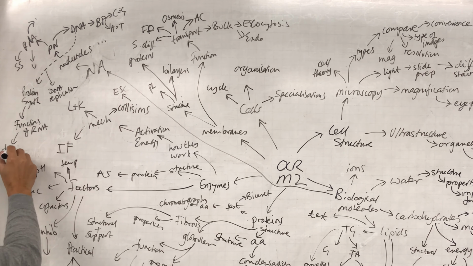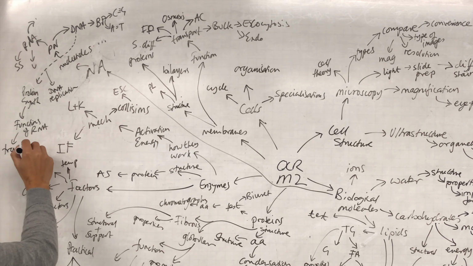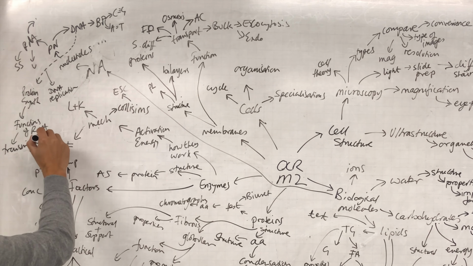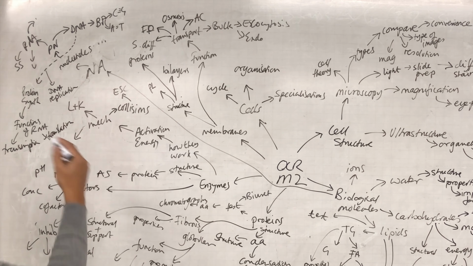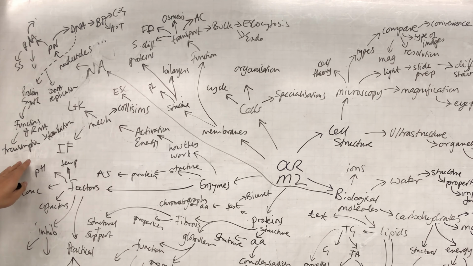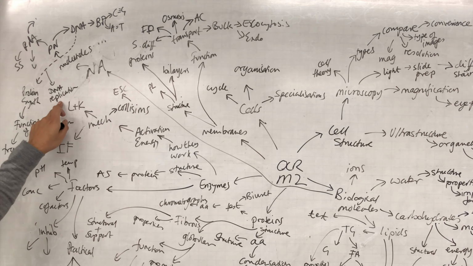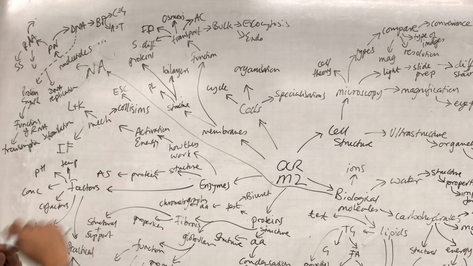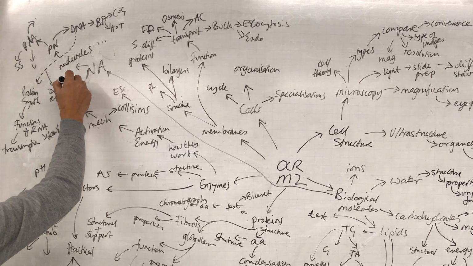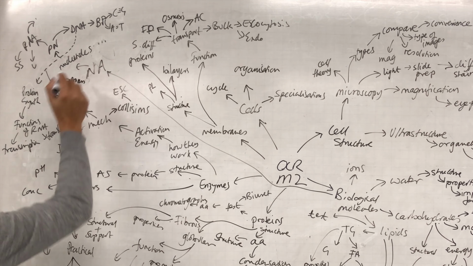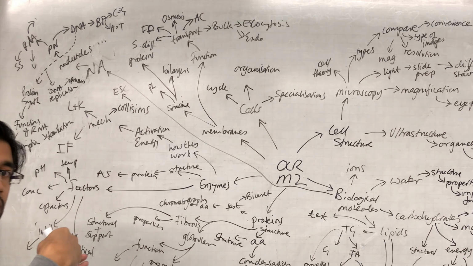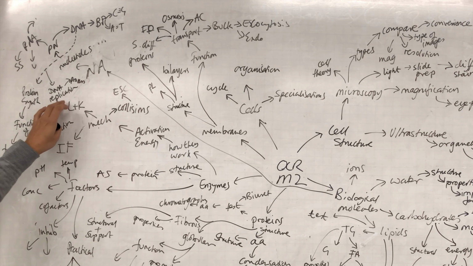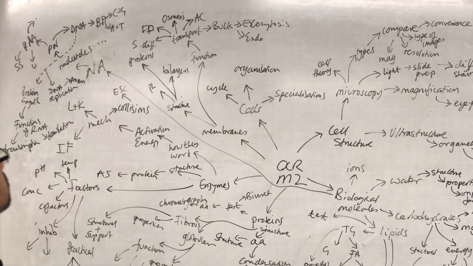So we have transcription, and we also have translation, and we need to be able to describe those processes. Okay, and then we have DNA replication, i.e. the process, or the sequence of events that results in DNA replication. So that is DNA.